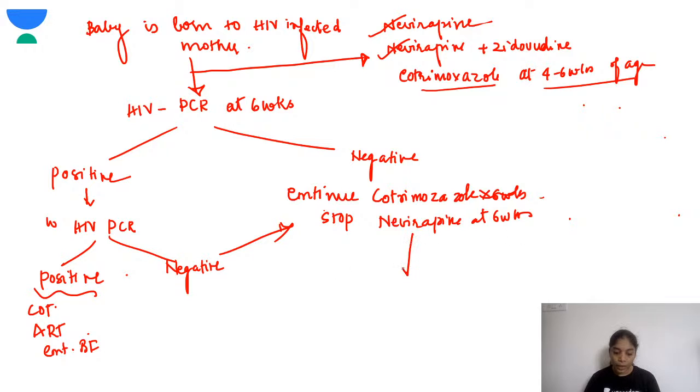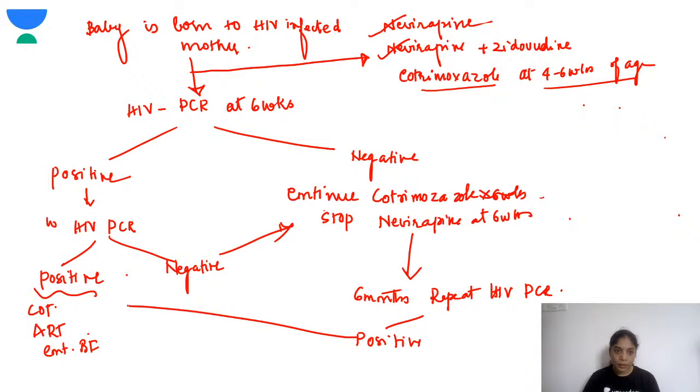Now say the child is on cotrimoxazole, but you have stopped nevirapine. At 6 months, you repeat the HIV PCR. If the child is symptomatic and it is positive, you should start antiretroviral therapy.